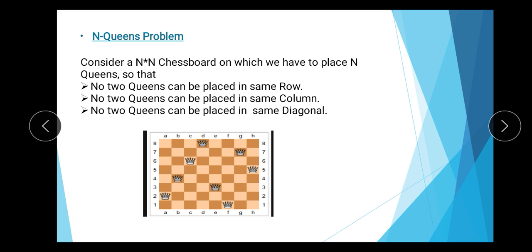Similarly, if we place two queens in the same column, in that case also the first queen can attack the second queen. If we place two queens in the same diagonal position, in that case also the first queen can attack the second queen. Hence we have to follow these rules that we cannot place two queens in the same row, same column as well as the same diagonal position.